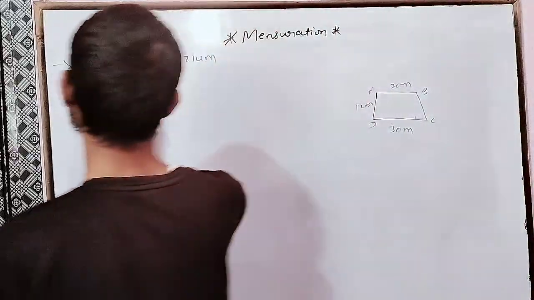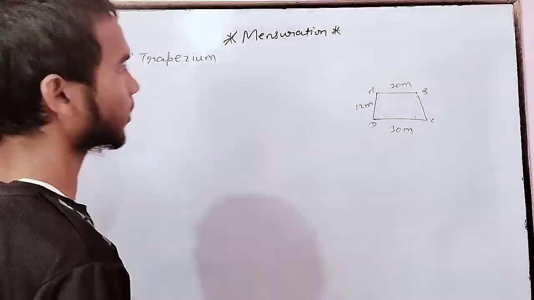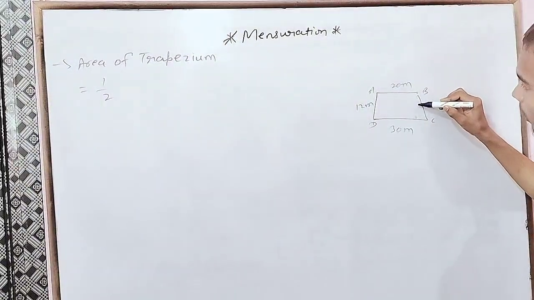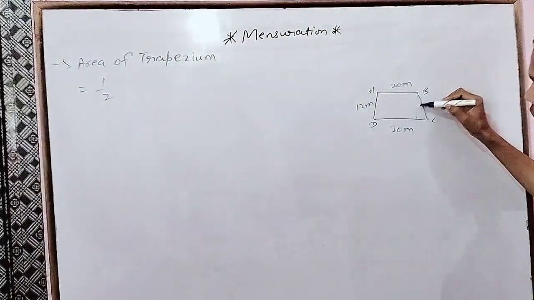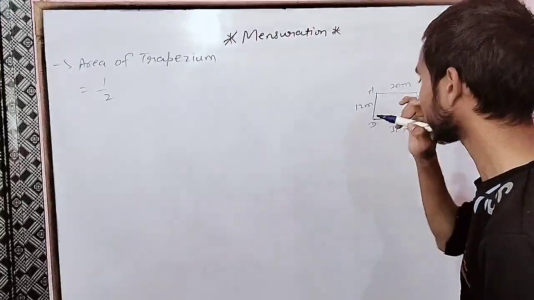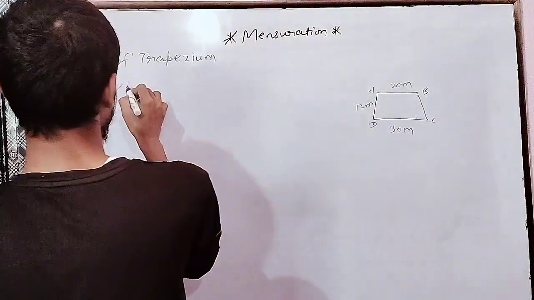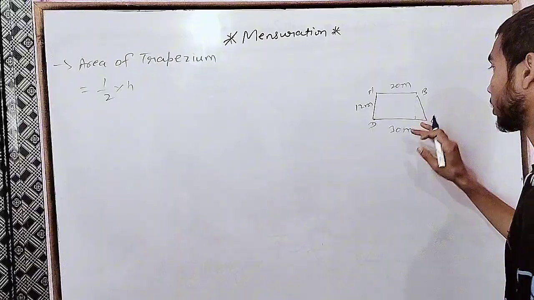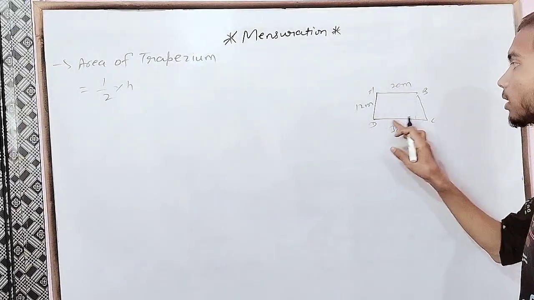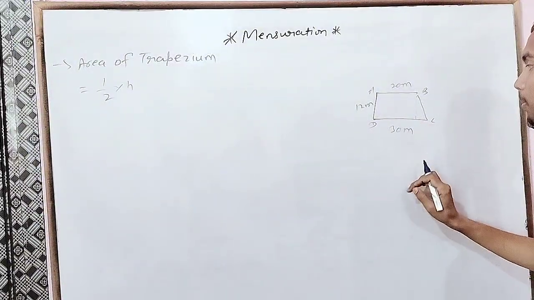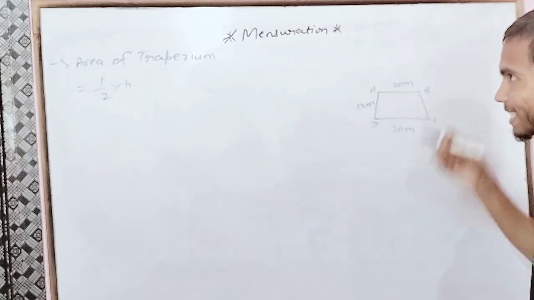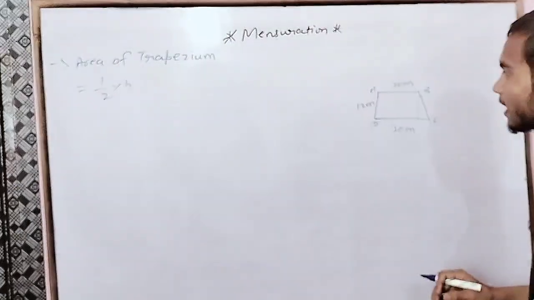For the rectangle, first of all we will apply 1/2, then we have breadth as well as height. But we don't have the exact figure of the triangle.